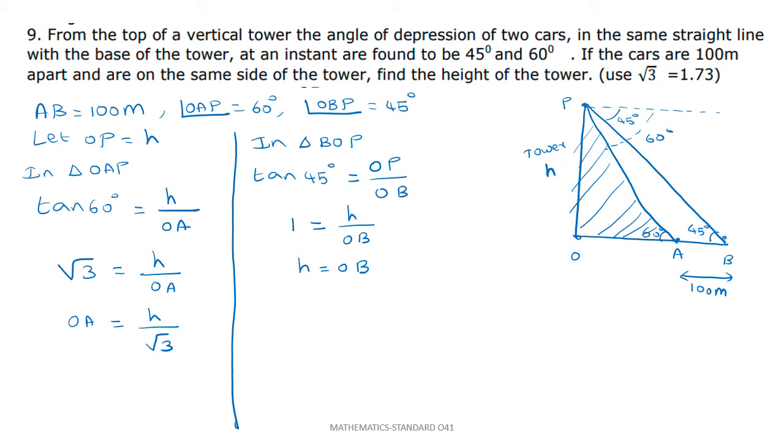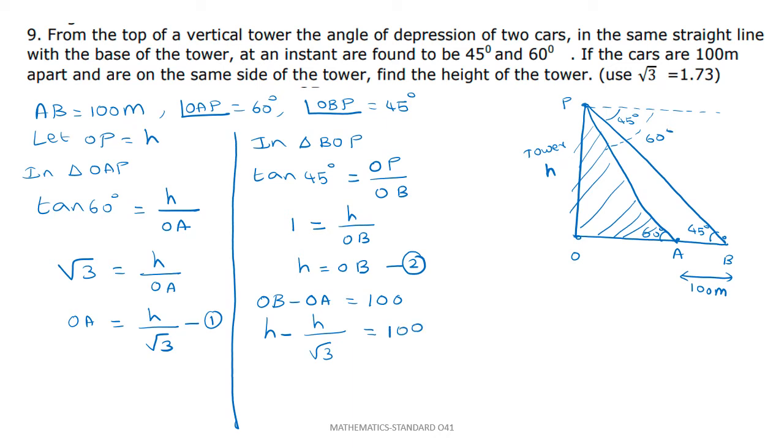So we have our first equation, and this is our second one. Now we know that OB minus OA is 100. So let's substitute equations 1 and 2, where OB is H and OA is H by √3, which is equal to 100.